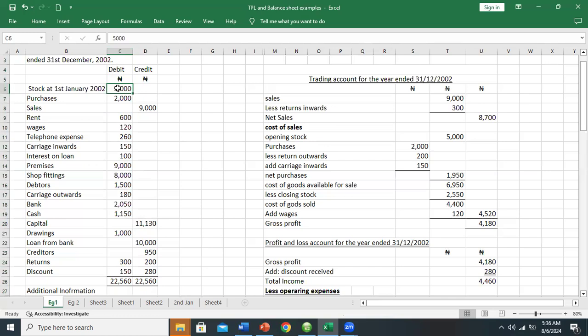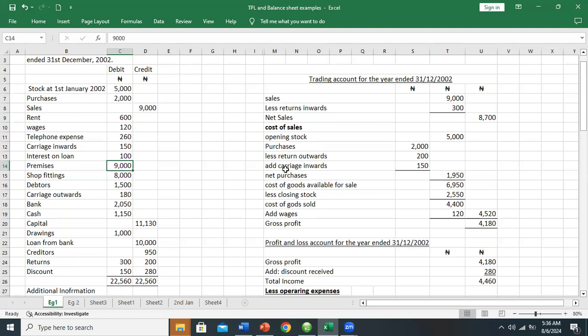So you have stock, no. Purchases, no, you have already used it. You have rent. So rent is the first expense. Wages, you have already used it in your trading account. Telephone expense, yes. Carriage inwards, we have used it. Interest on loan is an expense. The next item, premises.